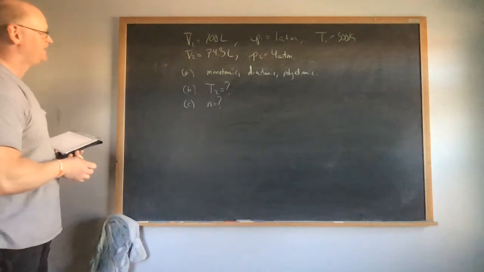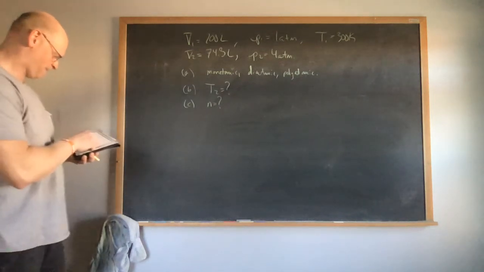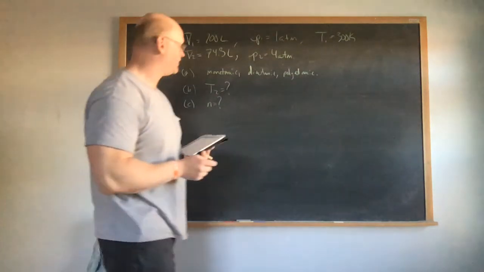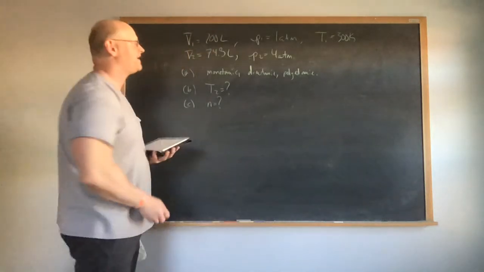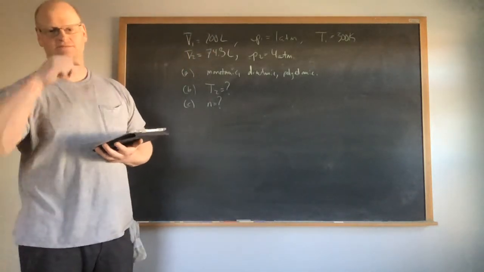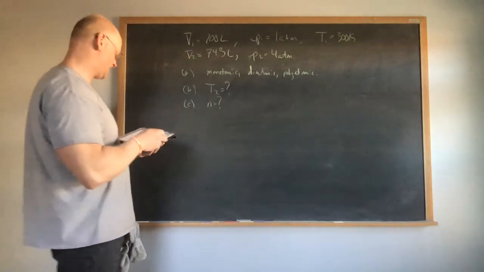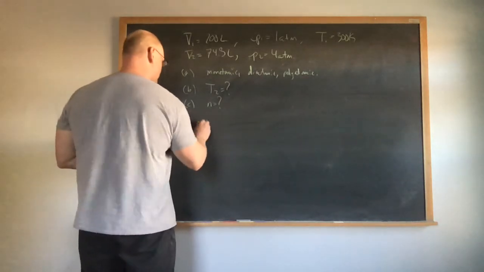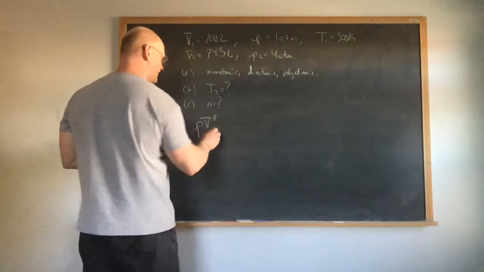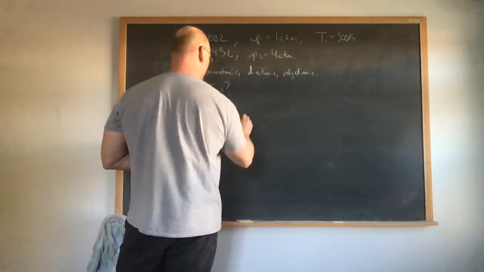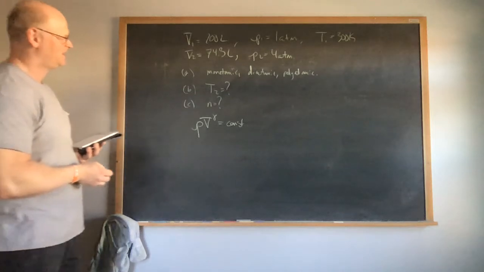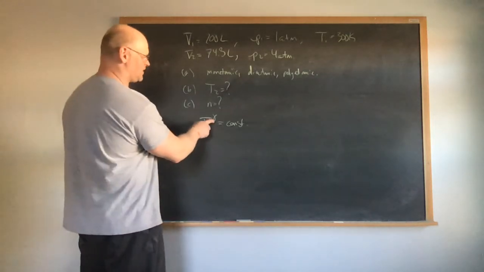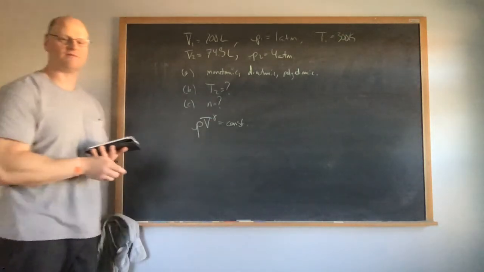Okay. So first off, how do I know if this is monatomic, diatomic, or polyatomic? That's all going to depend on the factor of gamma. Before, we wrote that the pressure times the volume raised to the gamma is equal to some constant. So we can use this to determine the value of gamma.